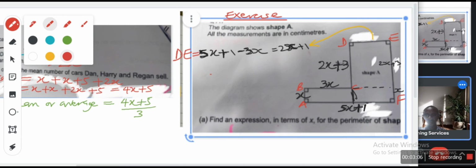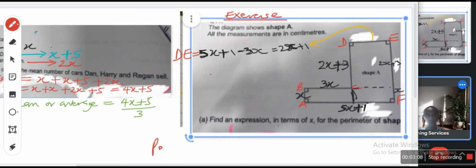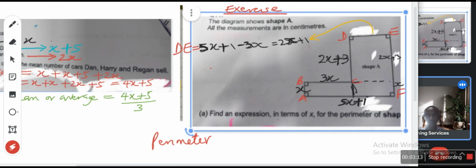Perimeter will be, so start giving me the length from, let's start from A and walk clockwise back to A. Start from A, go around and come back to A, because perimeter means distance all around. So perimeter will be, let's start from A. The first one is what? A to B gives x, isn't it?